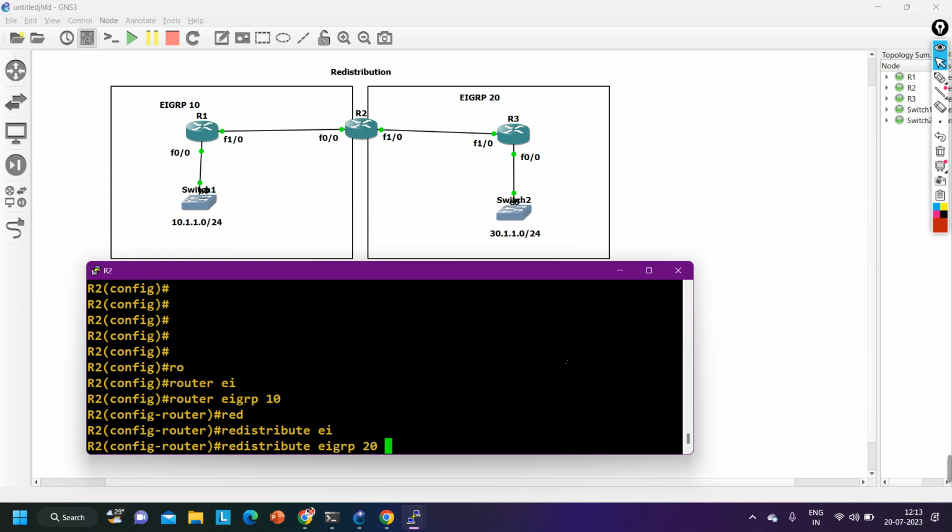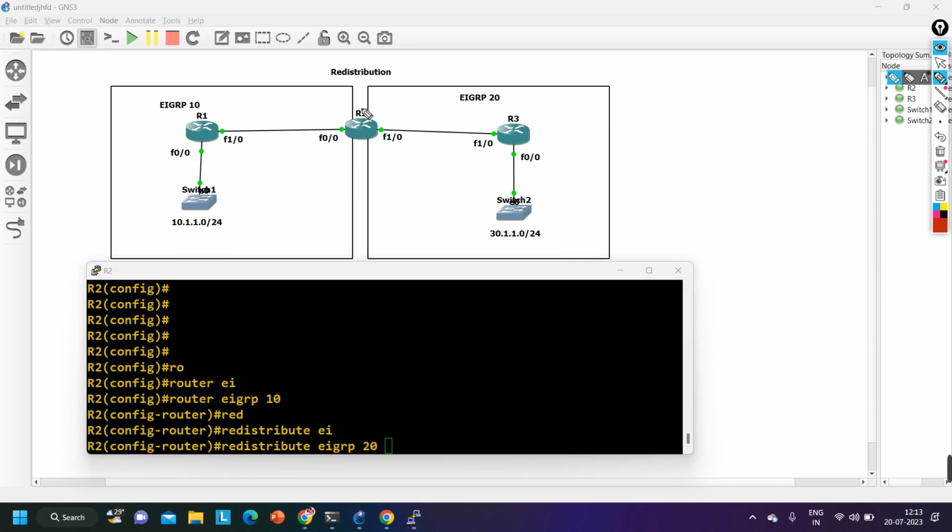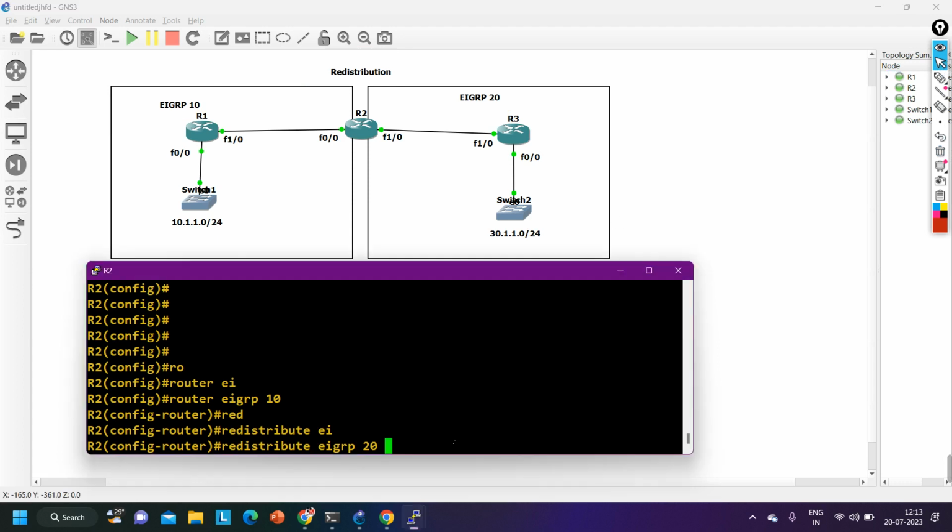Because whenever router 2 shares external prefixes, meaning EIGRP 20 prefixes, into the EIGRP 10 domain, the EIGRP 10 domain needs to calculate a metric. So to calculate a metric, bandwidth and delay are required. Yes or no? Yes. So by default EIGRP uses bandwidth and delay. Otherwise, we can use more components as well for the metric calculation.